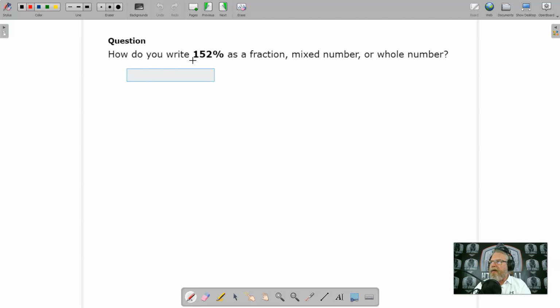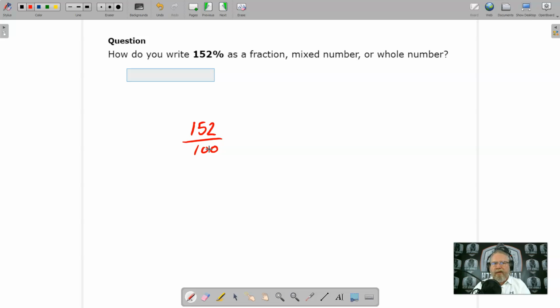How do you write 152% as a fraction, mixed number, or a whole number? Well, we could look at that percent sign and realize, oh, that's parts of 100. So I have 152 parts of 100. And I now realize that this is an improper fraction.